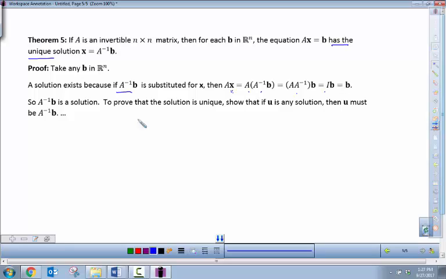So to prove that the solution's unique, let's not worry about that. The way I would prove it is I would assume that you have a different solution, and then show later on in the end that the solution is actually the same.